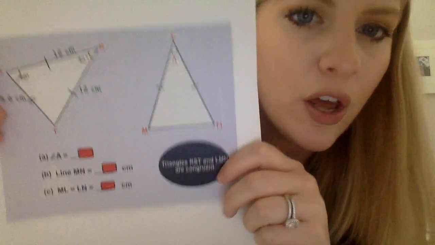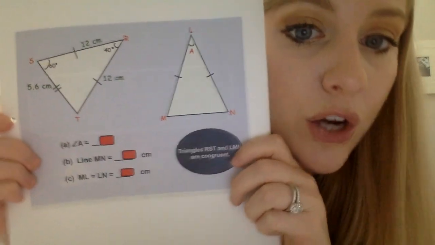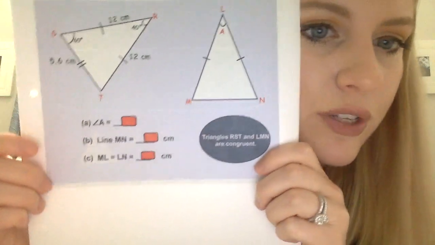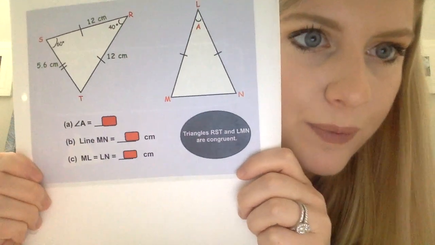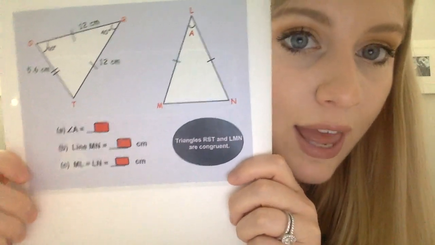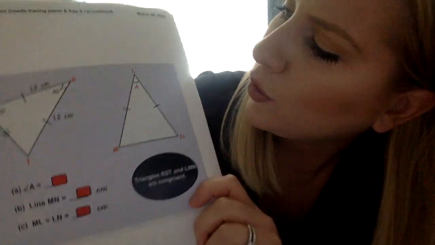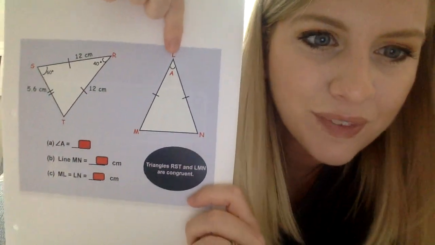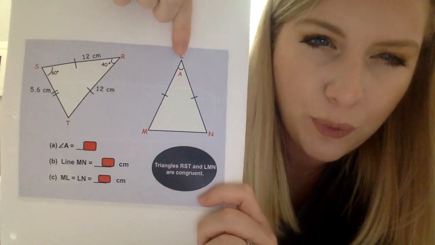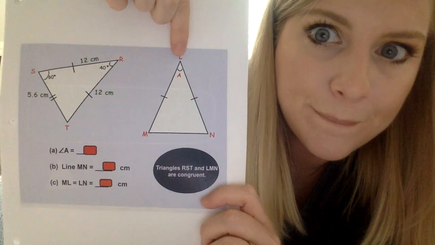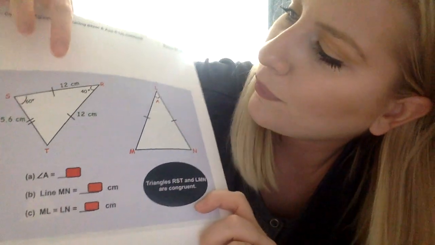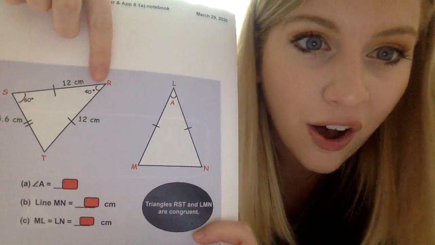So, if I know that these two triangles are congruent, then I can answer these questions. Answer them with me. Angle A is equal to angle R.